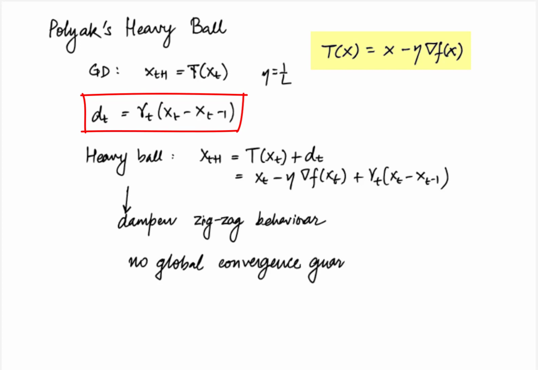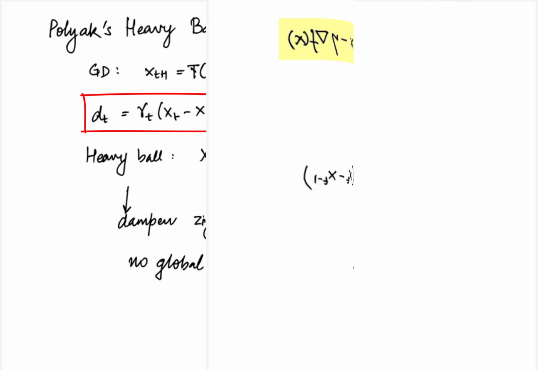In other words, it was not known that starting from an arbitrary point, if the heavy ball method would even converge to the optimum or not. So this implies that there is more to momentum than meets the eye in this context of Polyak's heavy ball method.